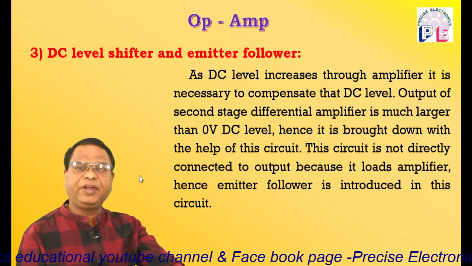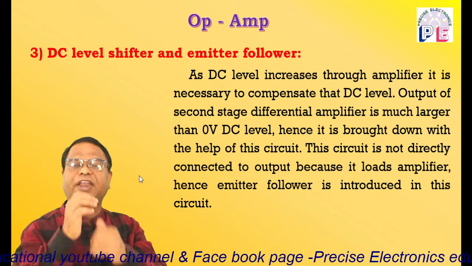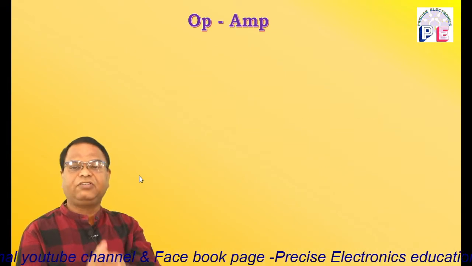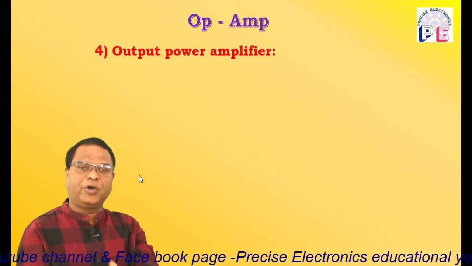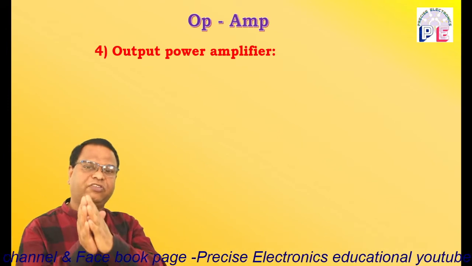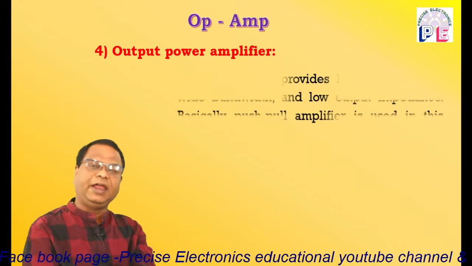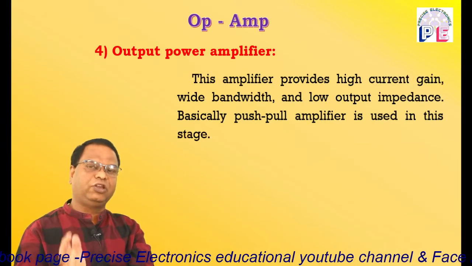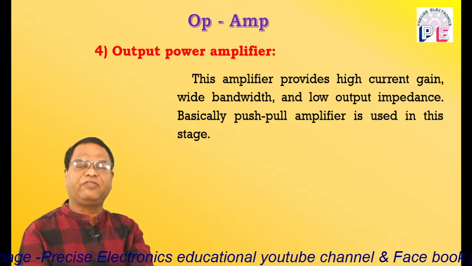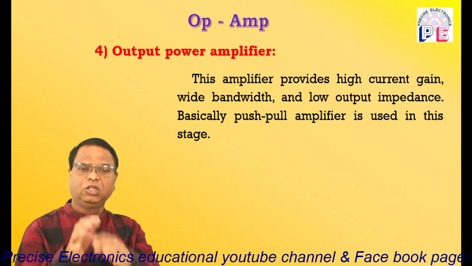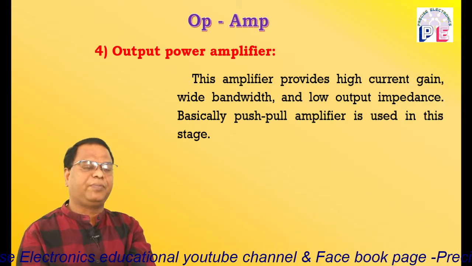Now the output of the emitter follower is connected to the next block, that is the output power amplifier. Friends, mostly in the output stage, the power amplifier circuit is a push-pull power amplifier circuit. What is the function of this amplifier?